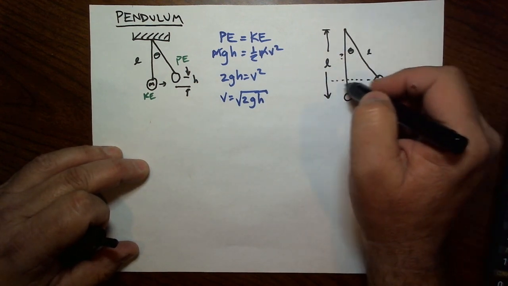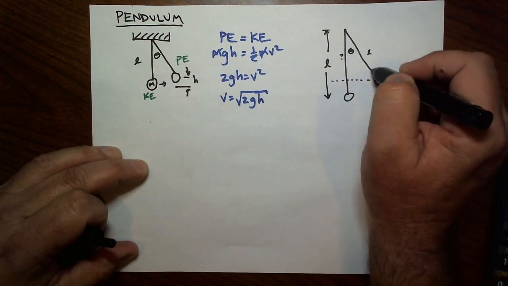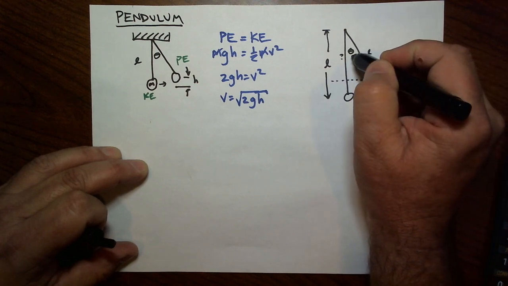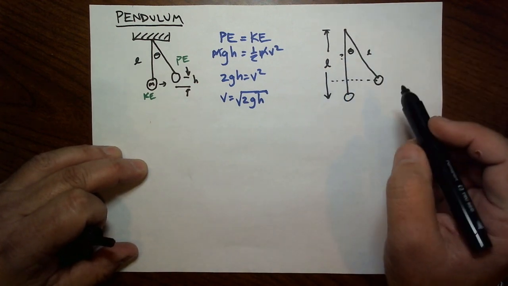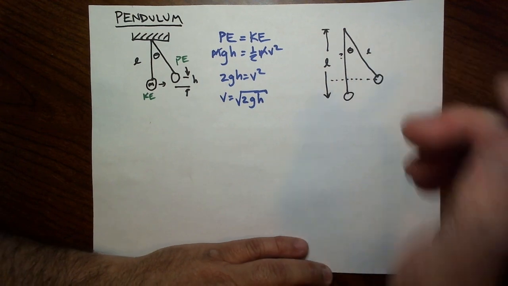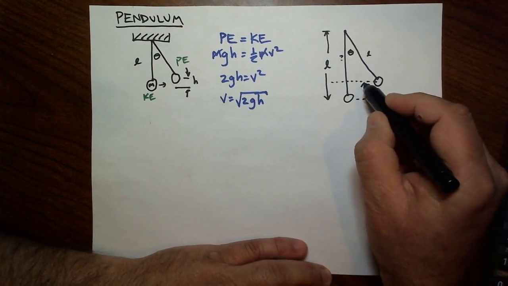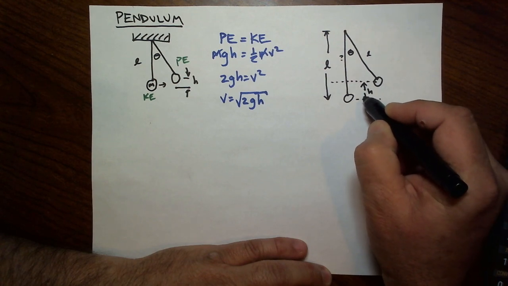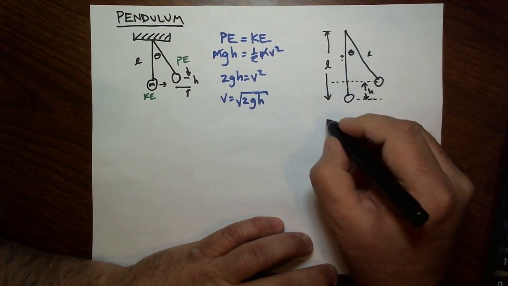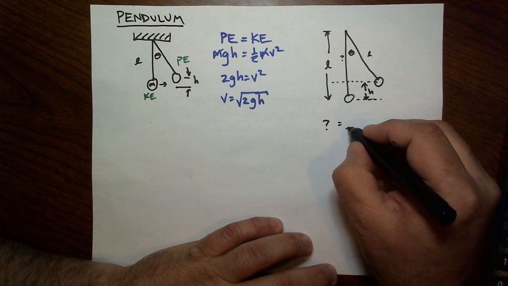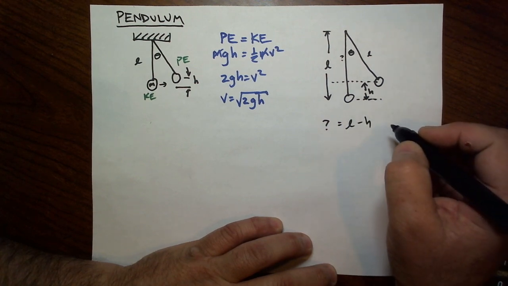And so it looks like we have a right triangle here where the hypotenuse is the L over here. We have an angle theta, and we're looking for a cosine of something. Well, that's hard to figure out, but we did say that this distance right here was h. So this question mark distance is equal to L minus h.